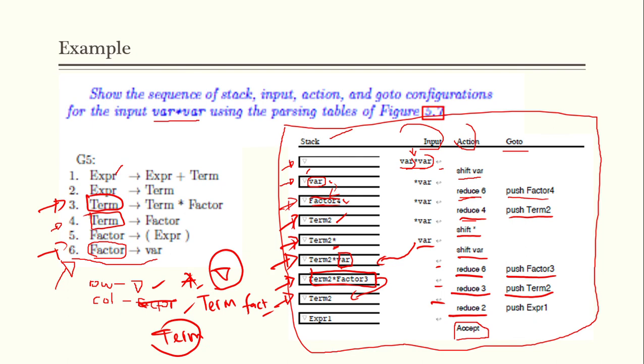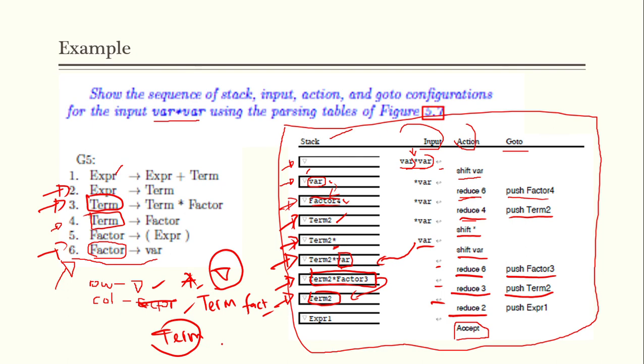Reduce 2 refers to rule number 2. Rule number 2 says expression goes to term. That means if you see term here, replace it with some other stack symbol. Now we need to look for information in the go to table. What would be the row? What would be the column? The row is the one before term 2, which is a triangle.